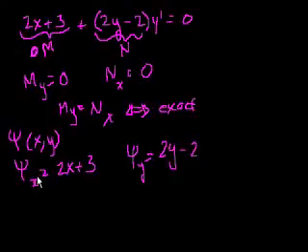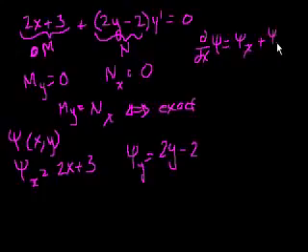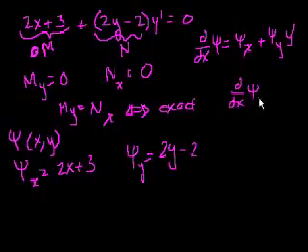And if we can find our xi, we know that this is just the derivative of xi, because the derivative with respect to x of xi is equal to the partial of xi with respect to x plus the partial of xi with respect to y times y prime. So this is just the same form as that. So if we can figure out xi, we could rewrite this equation as the derivative of xi with respect to x is equal to 0.